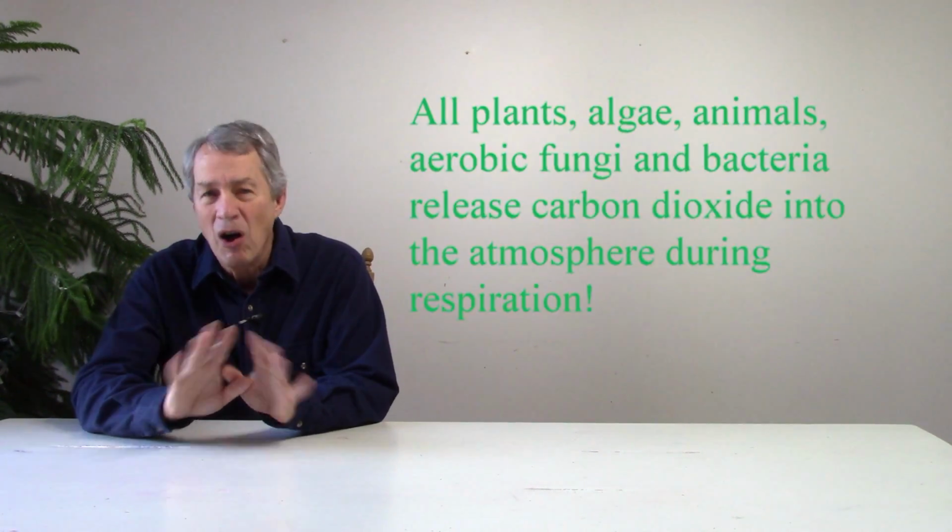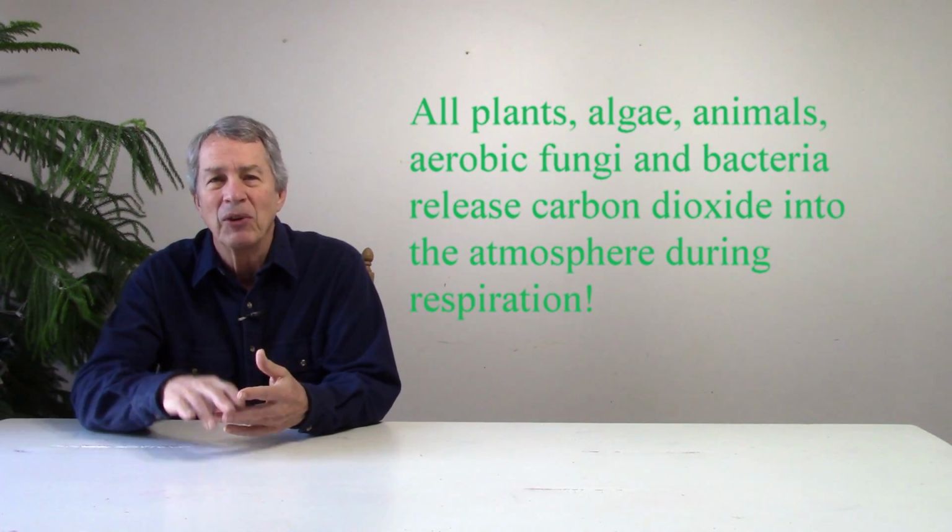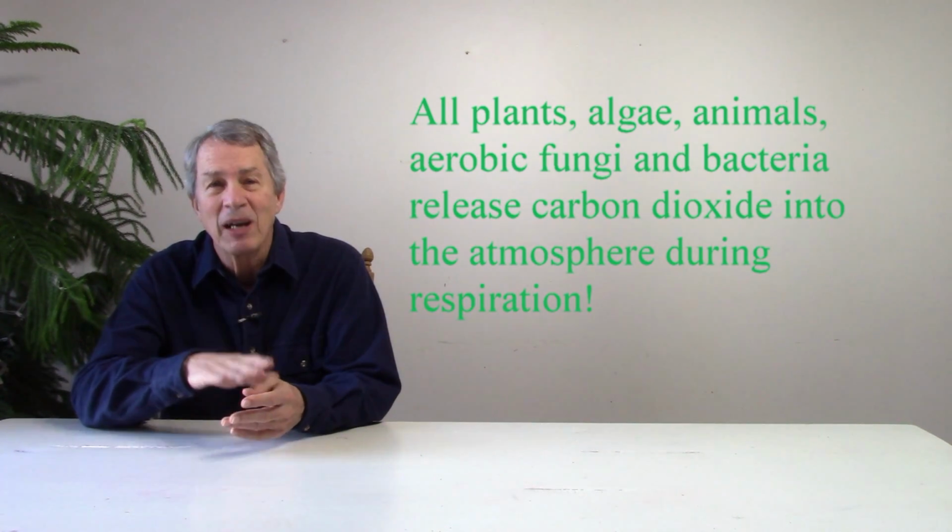This includes all plants, algae, animals, and aerobic fungi and bacteria. So just about everything living except for the few things that live anaerobically, the few fungi and bacteria that can live in areas without oxygen. Everything else uses oxygen and releases carbon dioxide back into the atmosphere during respiration.